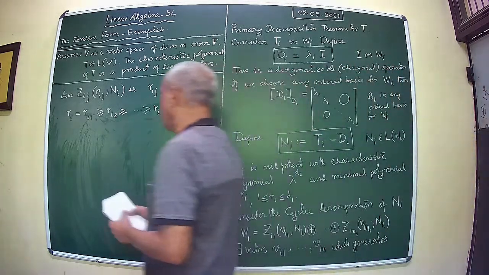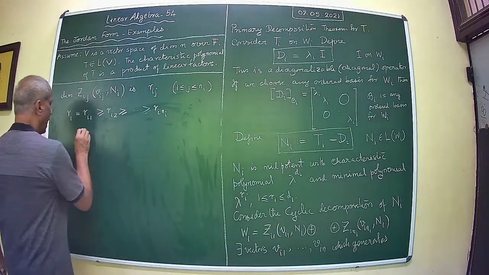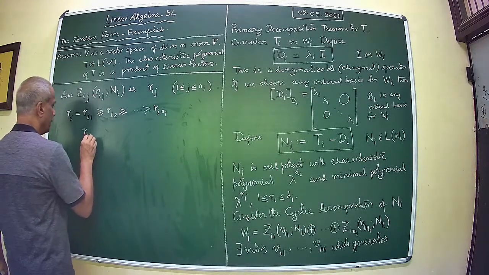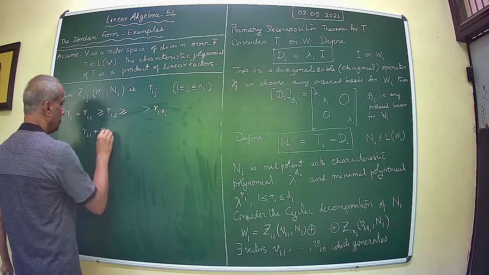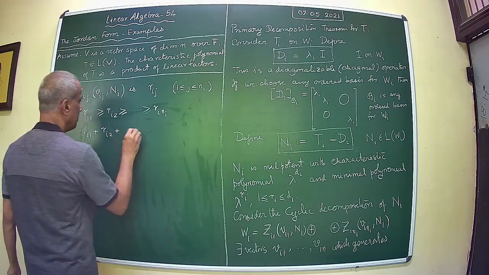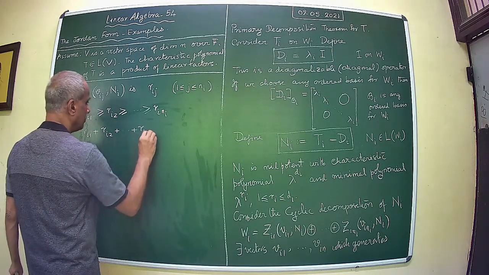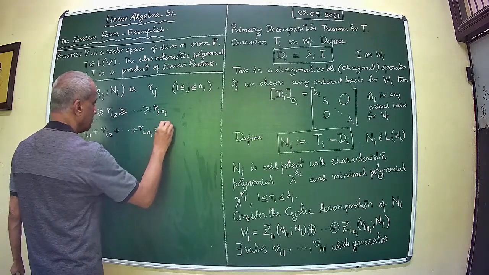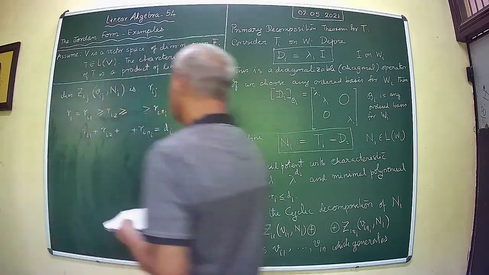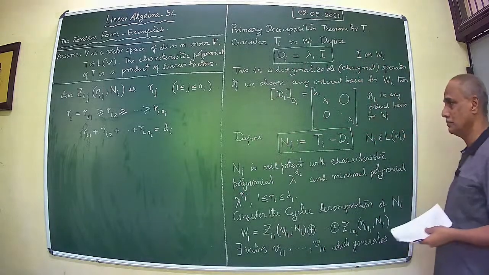You also have that the sum of the Rij equals di. This is the information we have.